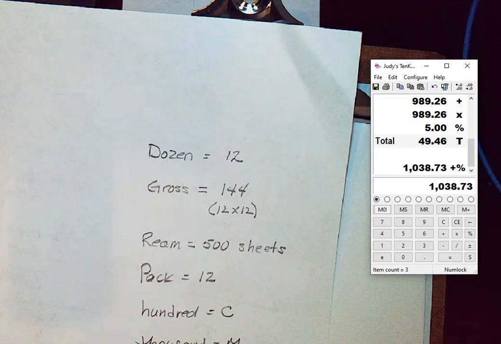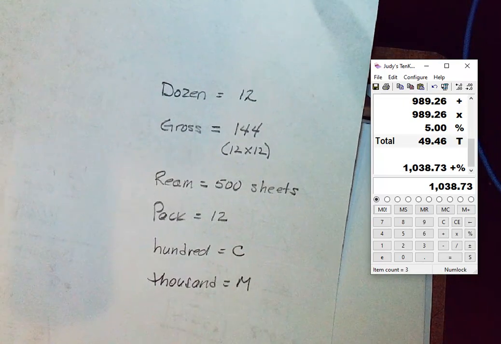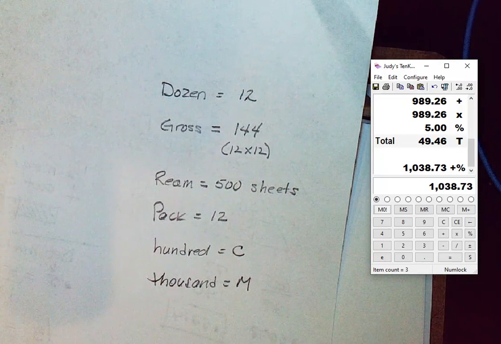So how many eggs are in a dozen? 12. So a dozen has 12. A gross is a dozen. 12 times 12 is 144. A ream of paper has 500 sheets. A pack of whatever has 12. The shortcut or the abbreviation for 100 is C and 1,000 is M.